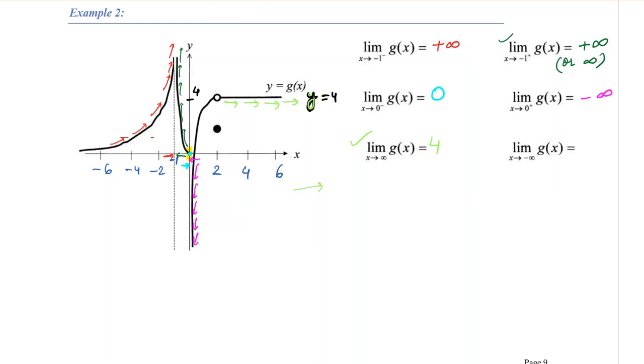Now let's take a look at our last case. Limit as x approaches negative infinity, g of x approaches what? As x approaches negative infinity, it means we are looking in this direction.